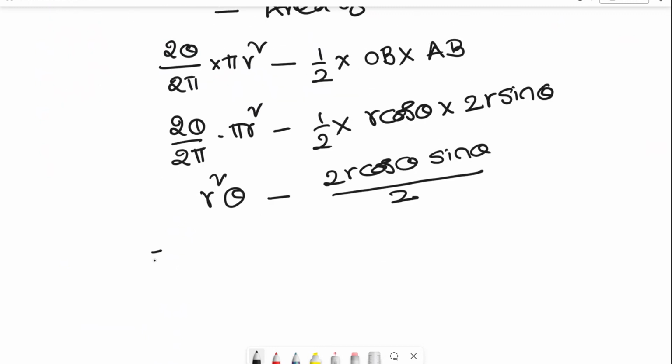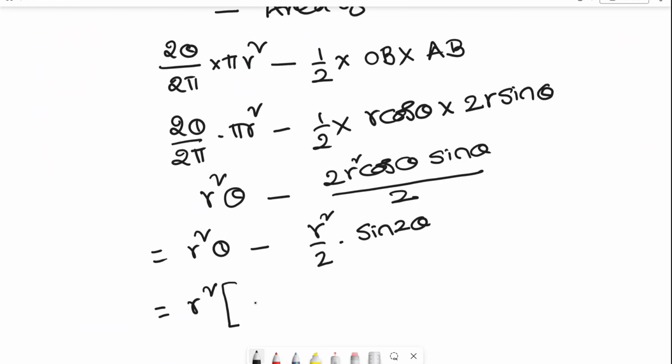So this is nothing but r square theta minus r by 2 into 2 cos theta sin theta, which is nothing but sin 2 theta. So therefore we can write r square into theta minus sin 2 theta by 2.